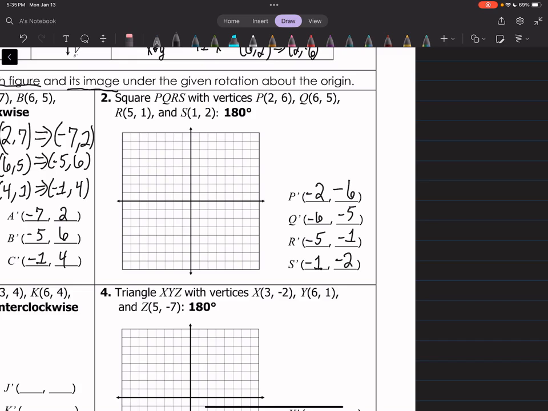I'm going to graph them. And here is my square.